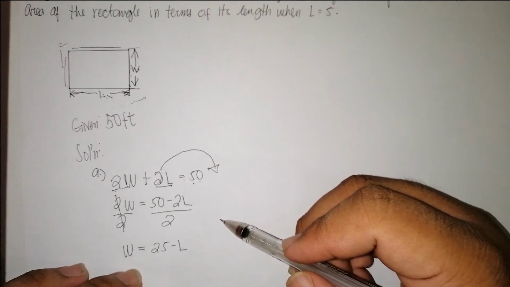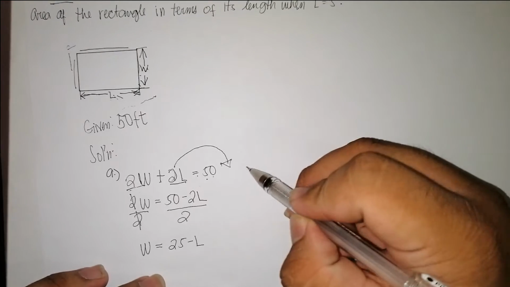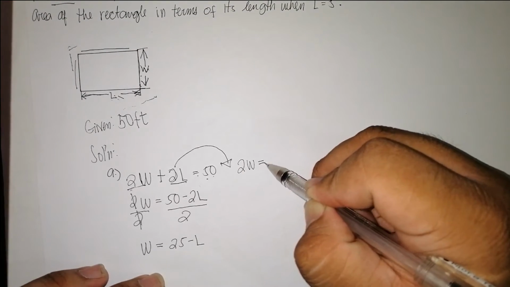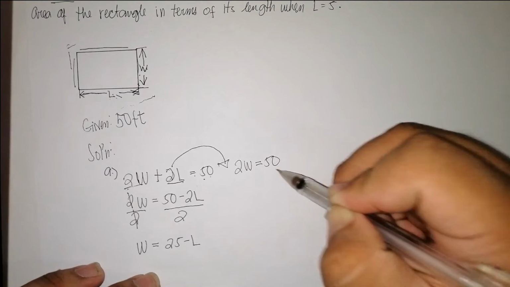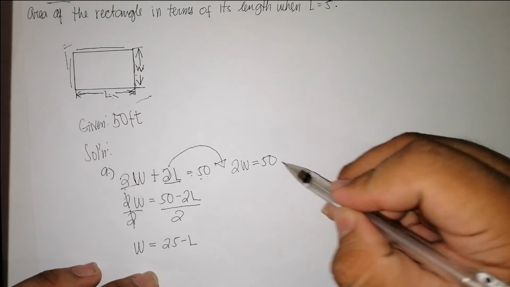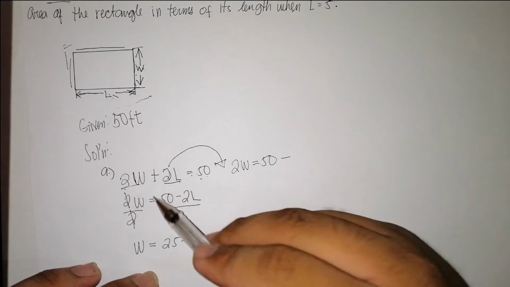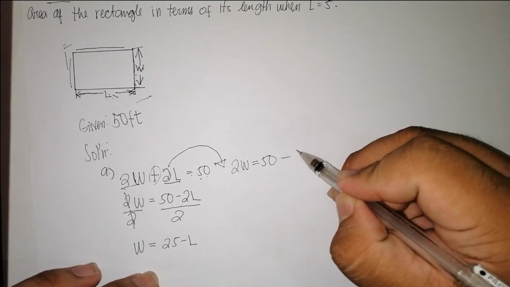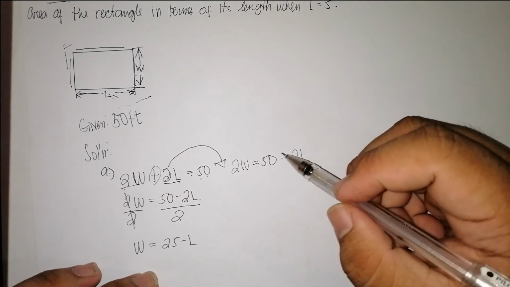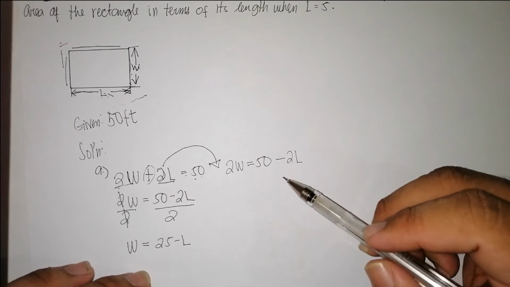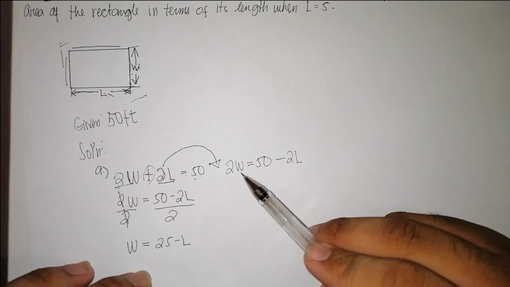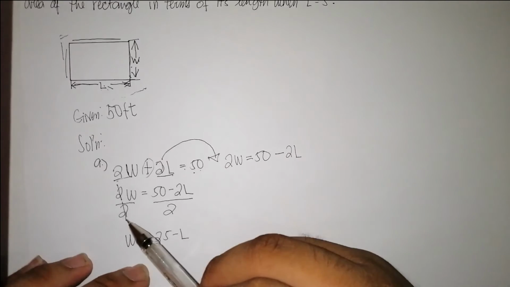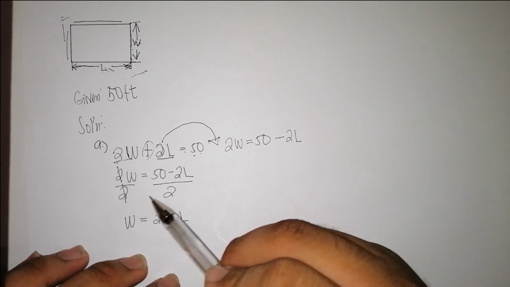So it would look like this. 2W is equal to 50 minus 2L, since we transferred 2L, the positive sign is changed to negative. So there you go. Since both sides are divisible by 2, we divide both by 2, which I did here.